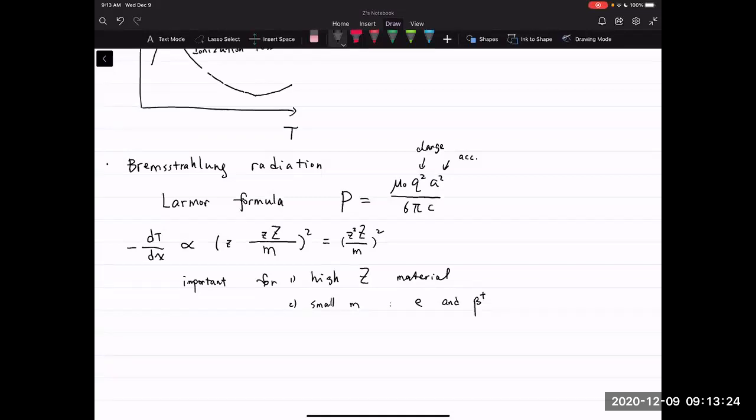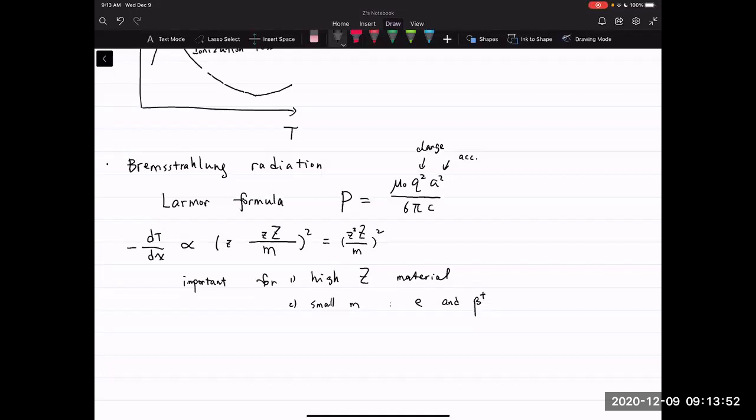Because of this combined dependence on both capital Z, the charge of the material, and the mass of the charged particle, in reality this Bremsstrahlung radiation is not going to be important for heavy charged particles. Remember, at the beginning of this part of class, we mentioned that there are some subtle differences between the behavior of heavy versus light charged particles.